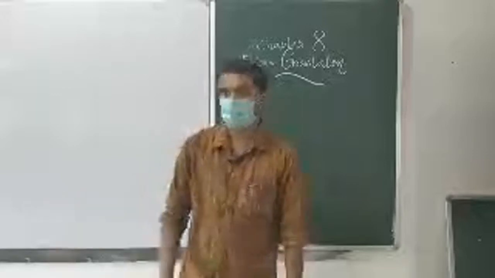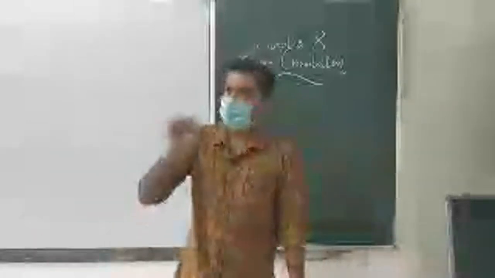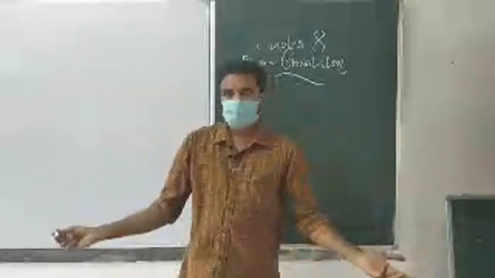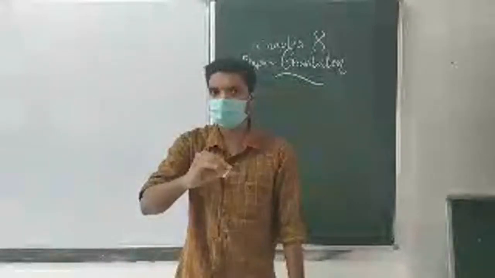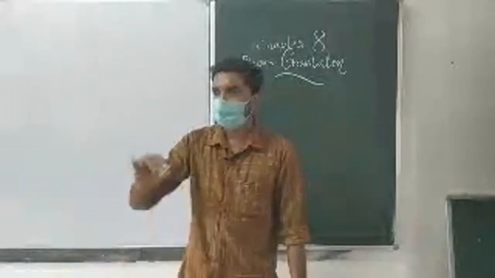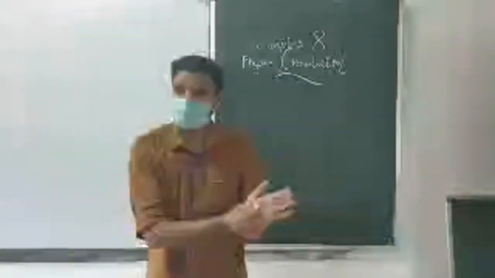I don't have a telescope. I don't have a rocket to go there. I don't have satellites, right? I did not have any proper justification to prove that theorem or statement. So no one came forward to overturn that statement.